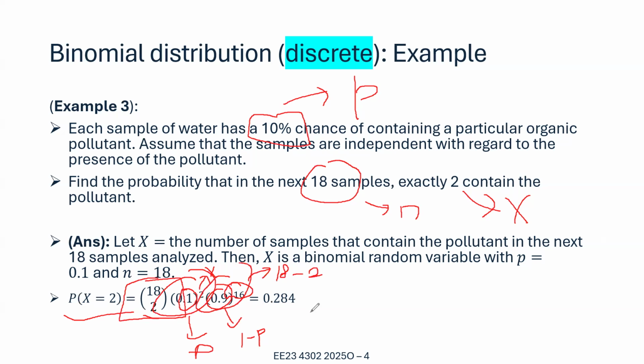And once we calculate this, we will get this value, 0.284.